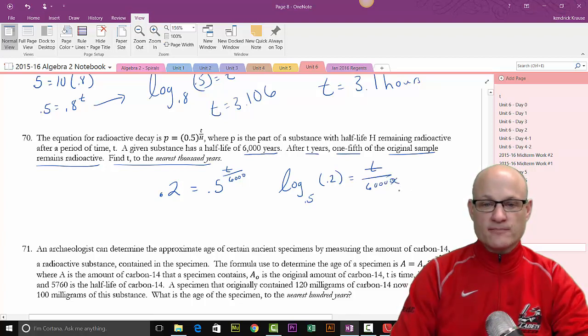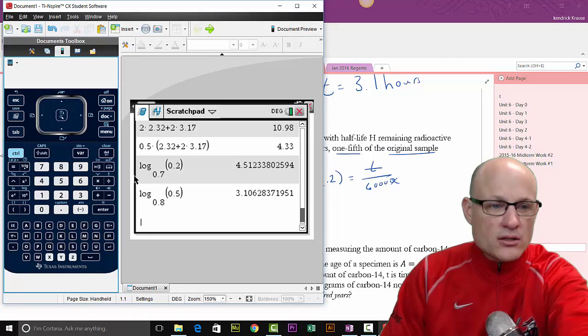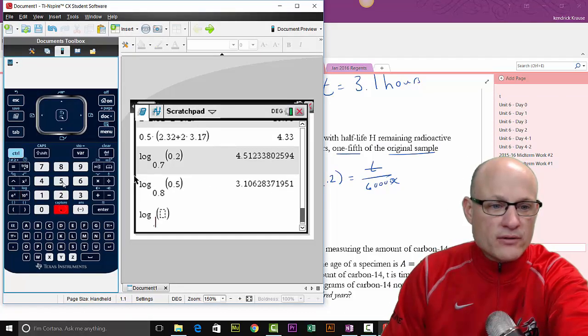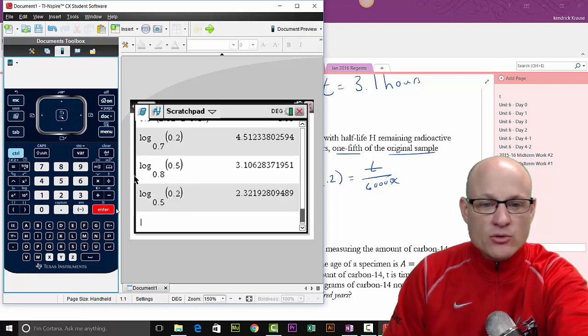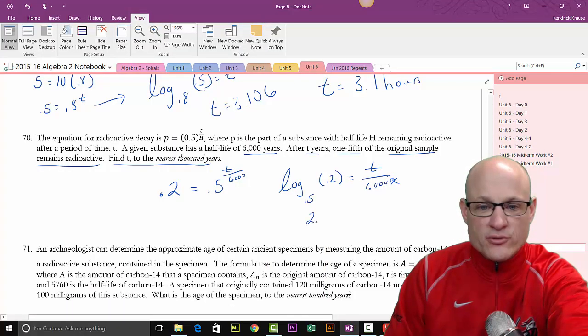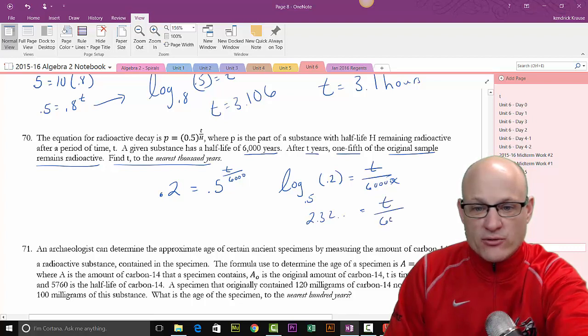Not 60,000, 6,000. Well, let me figure out what this is. Log of 0.5 of 0.2 equals. So I end up with that number. So what's that? 2.322. Let's say 2.32 is equal to T over 6,000.